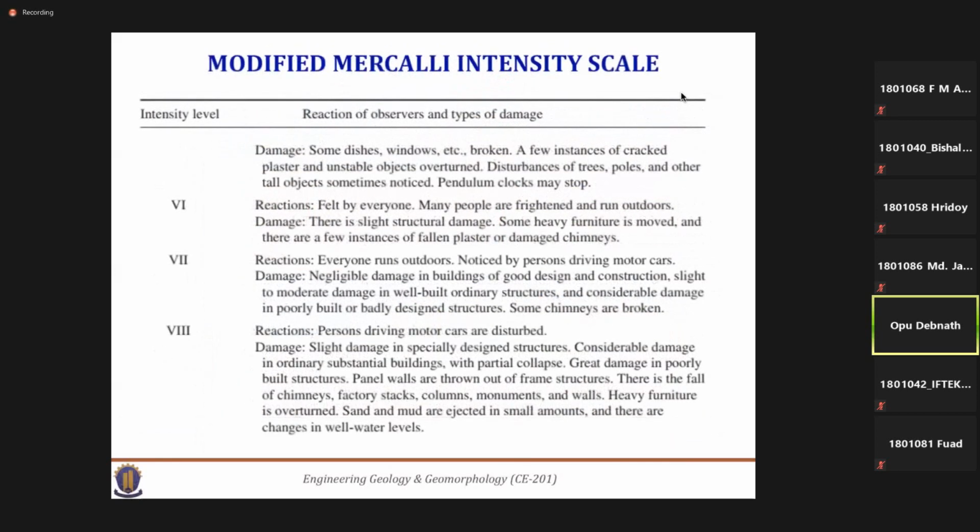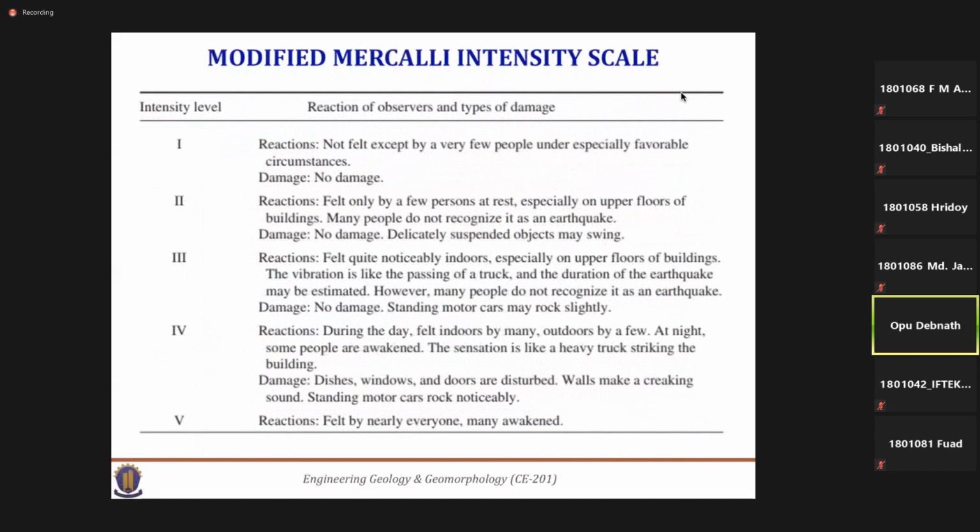Intensity level 1 means people's reaction is not felt, except by a few people under especially favored circumstances, and the damage. So the people's feelings and expressions also sometimes depend on position.